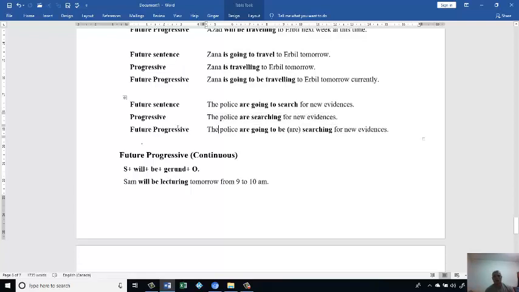Then make it future progressive. Then you say the police are going to be, if you look here, are going to is the sign of future. Then I have the root of the verb, which is are, but we switch it here to be. Then we can add the continuous form. We say the police are going to be searching for new evidence.